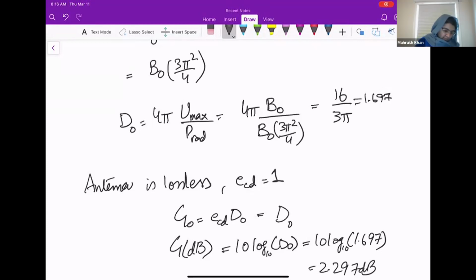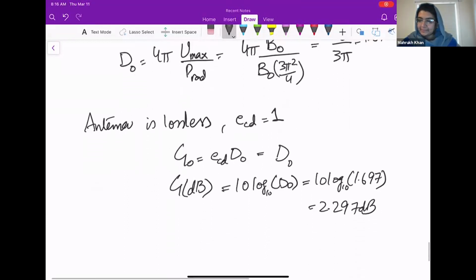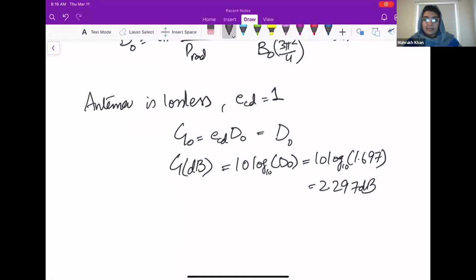Now we will come to the reflection coefficient part, okay? So let's see. This is not the gain we were asked. This is just what we found, but do you think that the gain that they ask us for is realized gain, and that has the reflection coefficient in it?